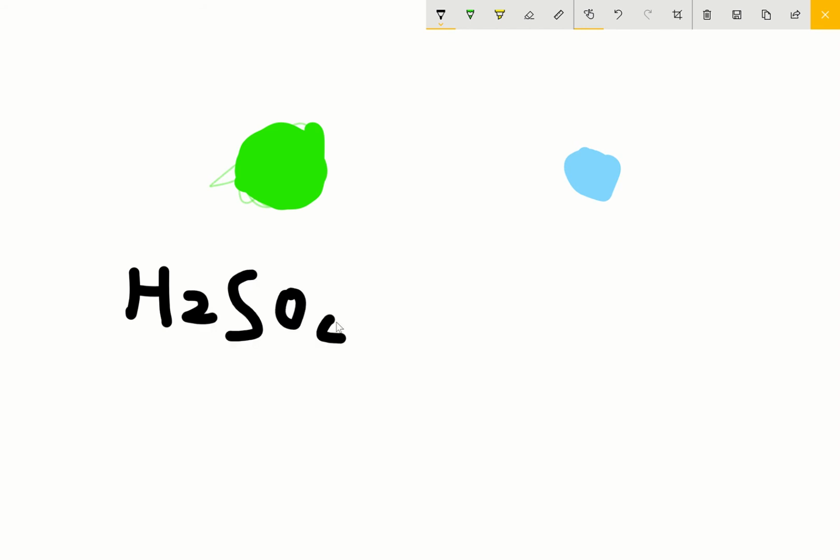Excuse the handwriting. Now, this meets water, which is H2O. What we have is H3O. And that happens every time with ionization of acid and water.